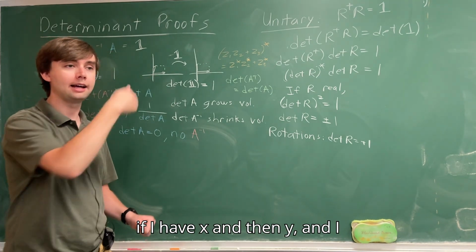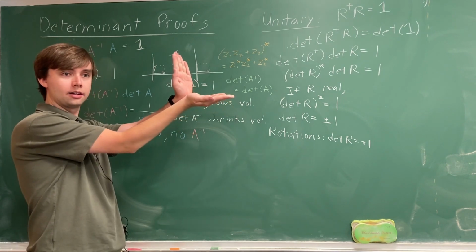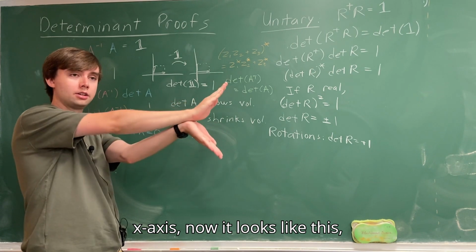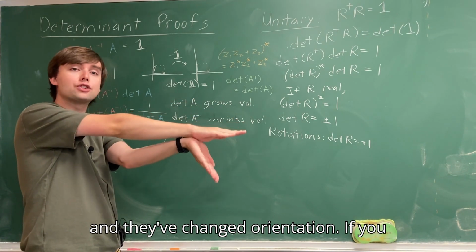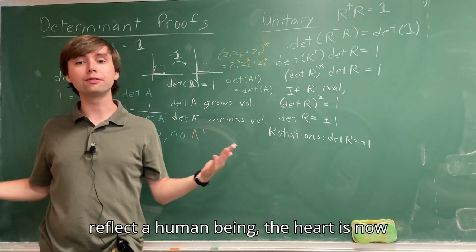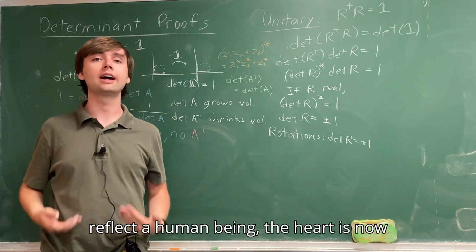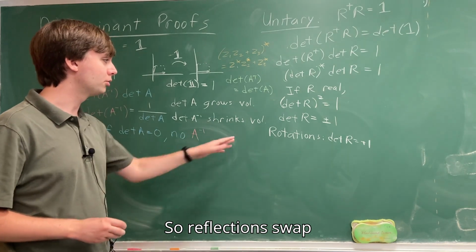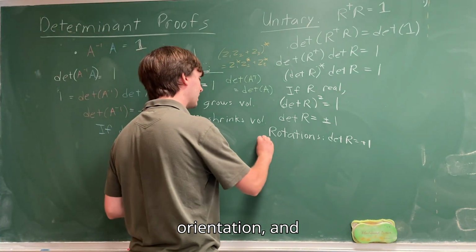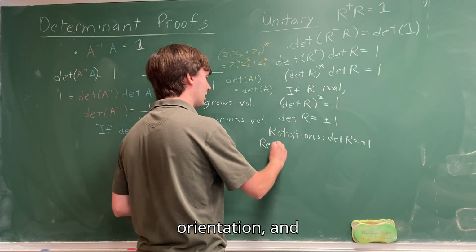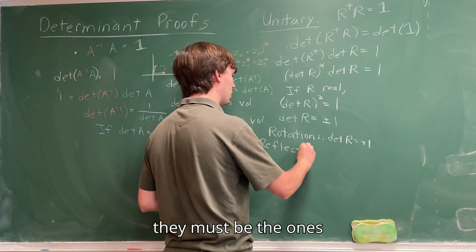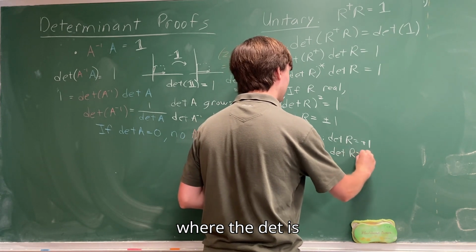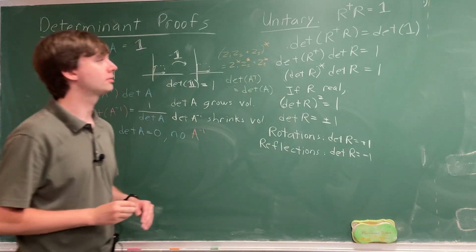But if I have x and then y, and I rotate it, and I reflect it across the x-axis, now it looks like this, and they've changed orientation. If you reflect a human being, the heart is now on the other side. So reflections swap orientation, and they must be the ones where the det is negative 1.